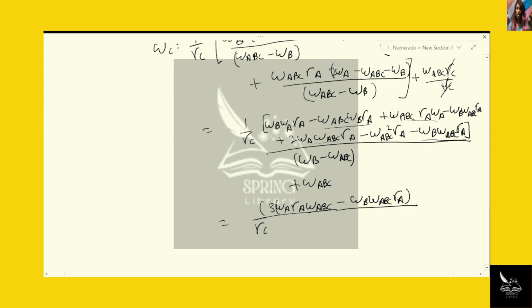And then we have remaining terms. So how many terms have we absorbed? We have added 2, and then this 1, and then 1 2 3. So we are left with 1 2 3 4. We have covered 5, so we have total 7. So we have 2 terms left, which are plus omega B omega A RA minus omega ABC squared RA. This is one term, and this is plus omega ABC.